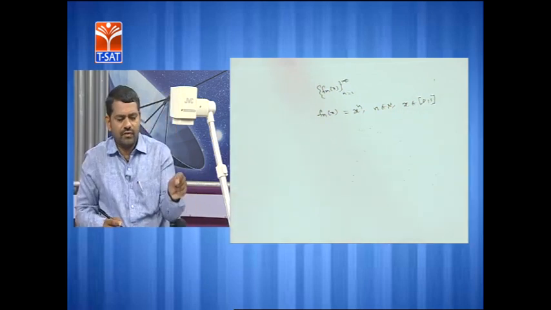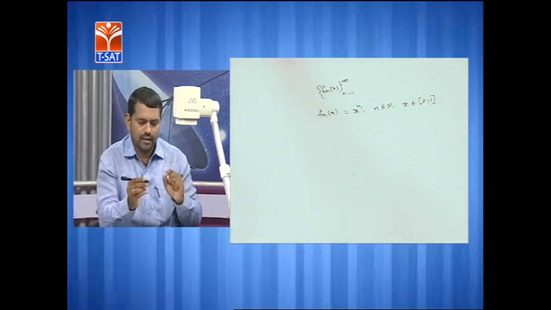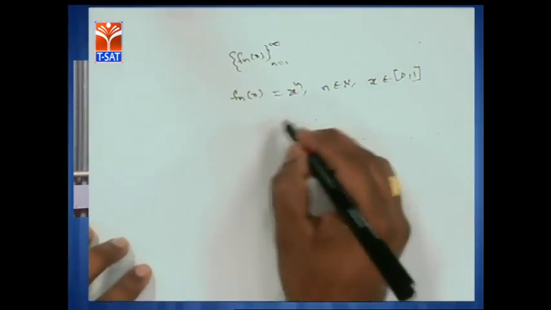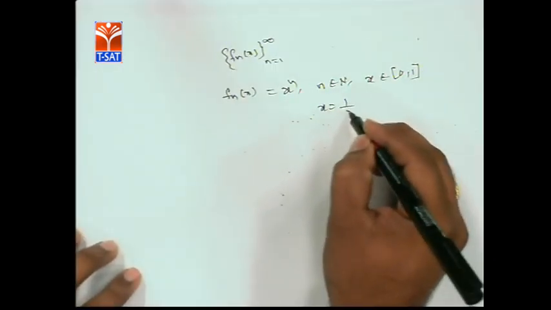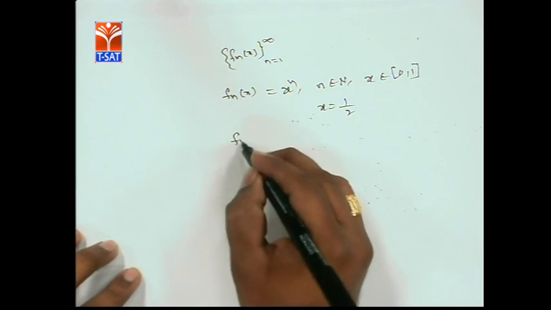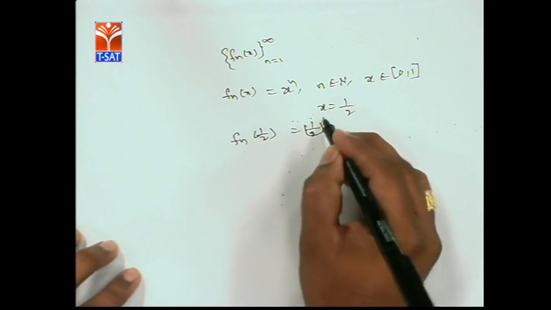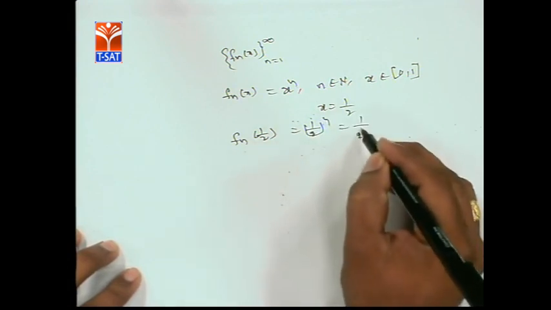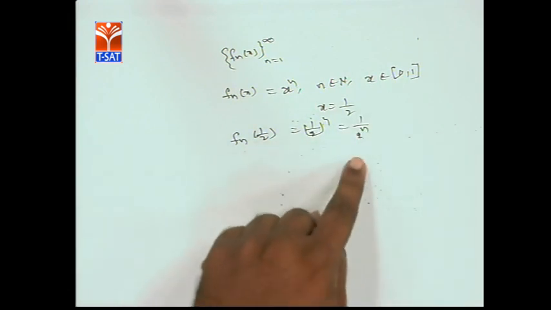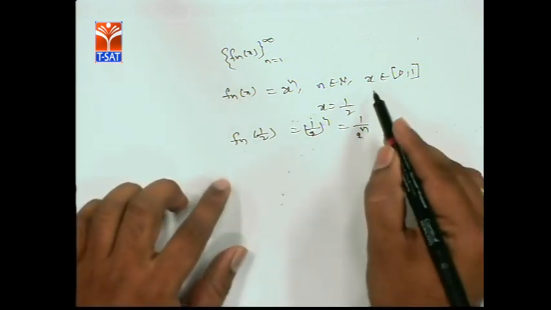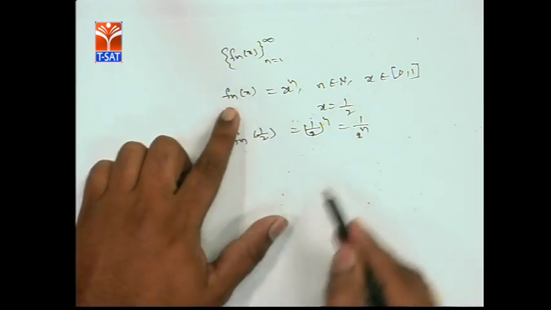Suppose we fix one x in this domain. If you take x equal to 1 by 2, then fn of 1 by 2 is equal to 1 by 2 whole to the power of n, which is 1 by 2 power n. This is a sequence of real numbers. If we fix x, then fn of x is a sequence of real numbers.